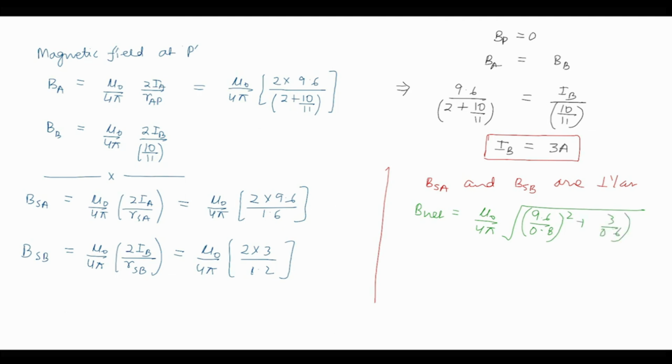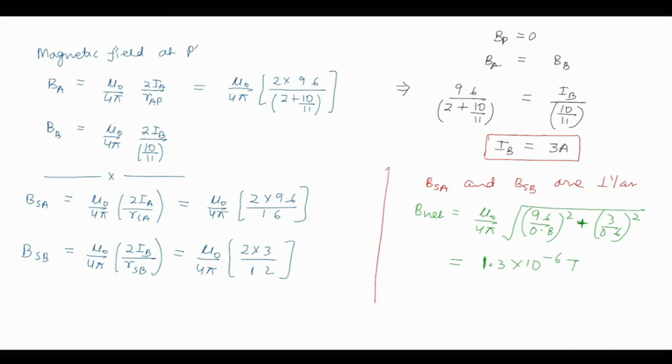We are basically doing vector addition, root over a square plus b square. Since the term mu naught upon 4 pi was common to both, we took it out, and on calculation we obtain a value equal to 1.3 multiplied by 10 to the power minus 6 Tesla. So the magnetic field at point S is 1.3 into 10 to the power minus 6 Tesla.